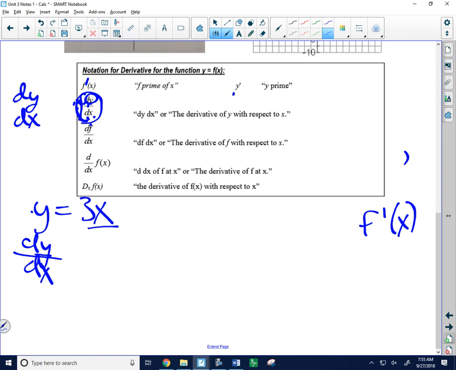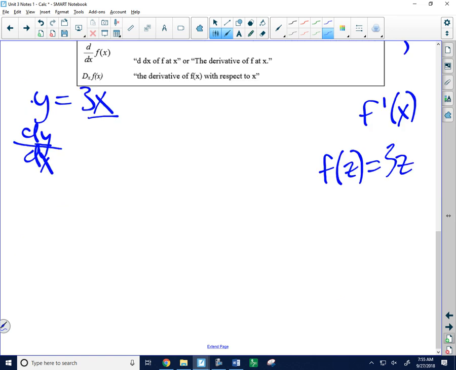So what if the function was f of z equals 3z? Well, then you would need to do df dz, the derivative of the f function with respect to the z variable. And so it's all about variables.